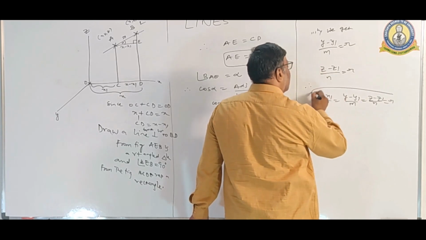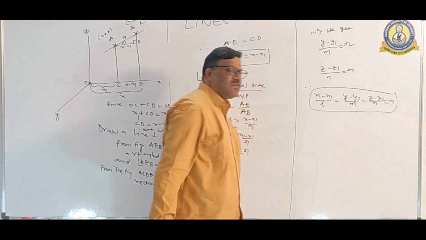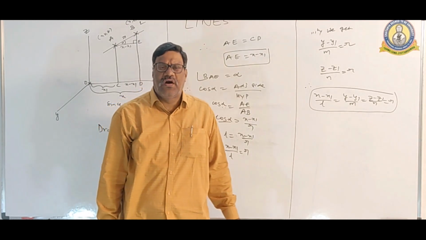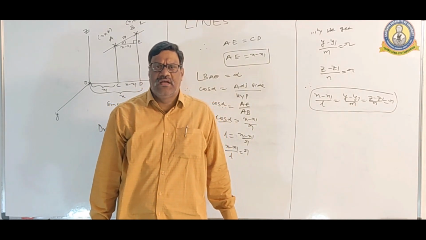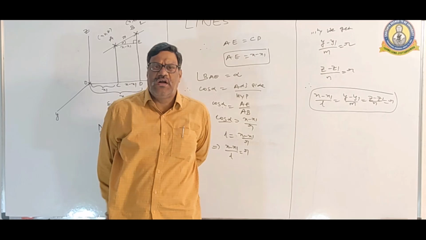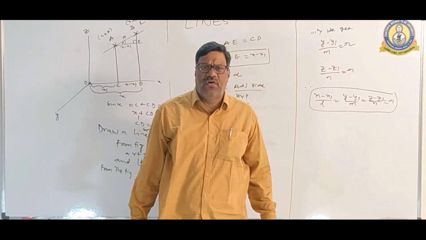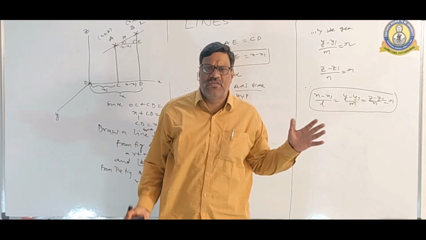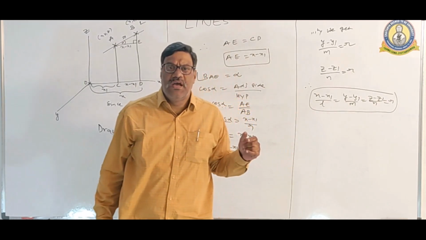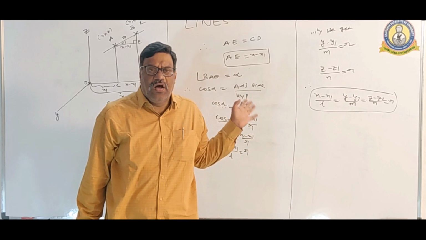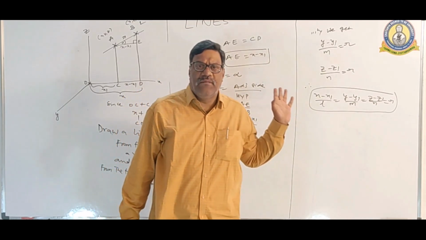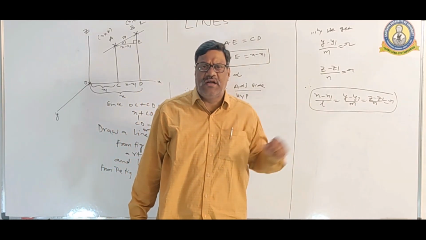This is equal to r, and this form is called the symmetrical form of the equation of the line. So we have studied two different forms of the line so far. One is called the asymmetrical form, which is not in the proper form of the equation of a line, and also we have obtained the equation of a line in symmetric form.